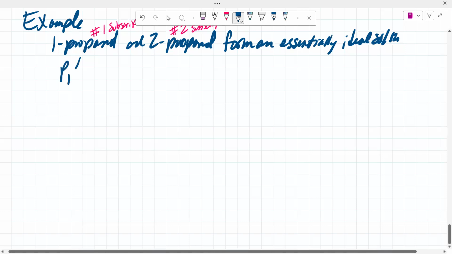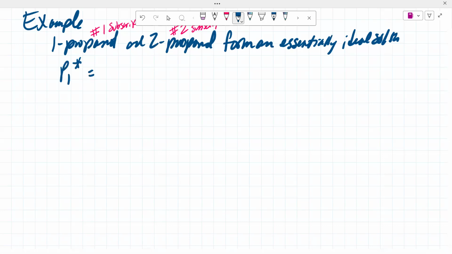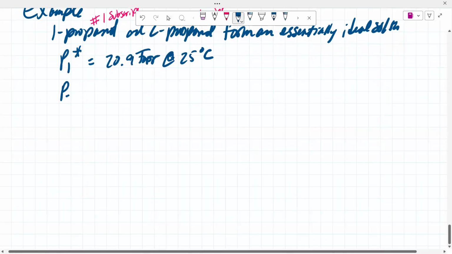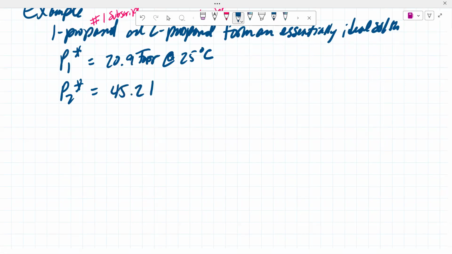So P1 star equals 20.9 torr at 25 degrees Celsius, and P2 star equals 45.2 torr at 25 degrees Celsius.